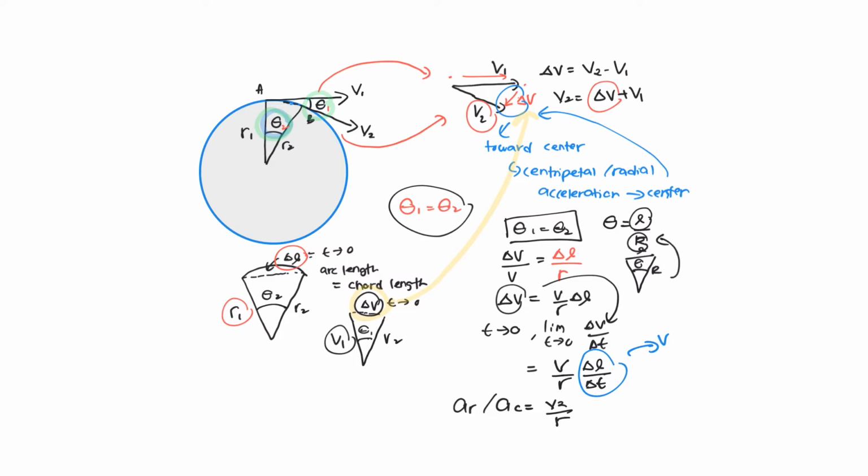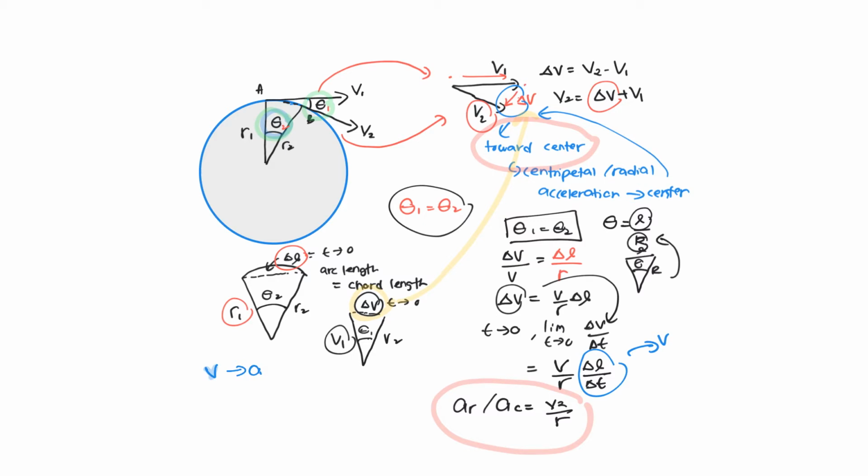the direction of the centripetal or radial acceleration is toward the center, and the magnitude of the centripetal acceleration is V square over R. Before this, when it comes to acceleration, the V and the A were always in the same direction.